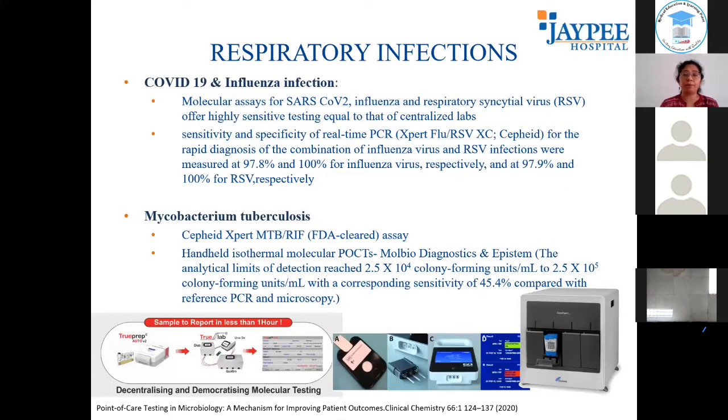Now coming to the respiratory infections. In the respiratory infections, I think COVID and the influenza infections have taught us a lot in the last 10-15 years, and COVID in the last 2 years.